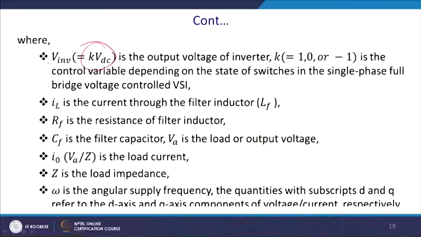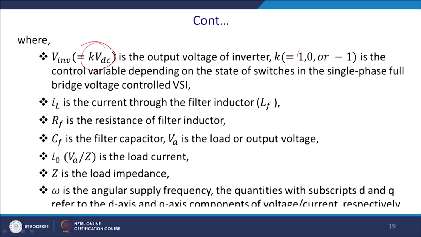Please understand that the inverter voltage depends on the modulation index, that value will be K into VDC, the output voltage of the inverter, and since it is switching, it can be 1, 0 or minus 1 depending on its pole voltage which has been clamped. K is a control variable depending on the state of the switches in the single phase full bridge converter being controlled in the case of the VSI.